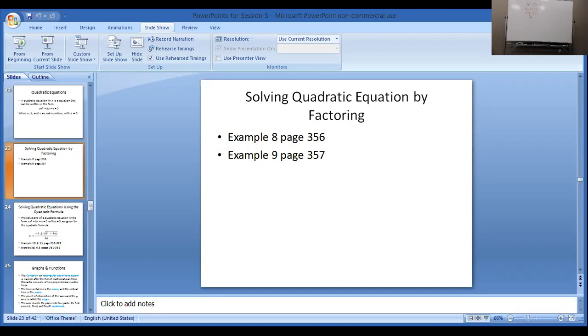You want the product to be 40, so I need two numbers that when I multiply them, I get 40. At the same time, when you add them together, you need to get that middle term, minus 33x.